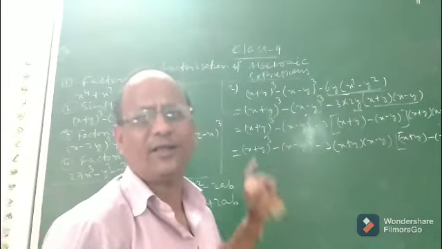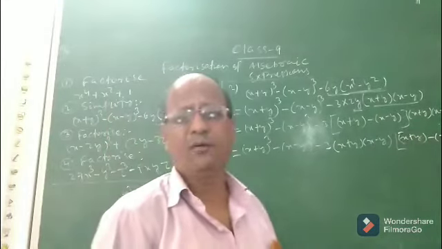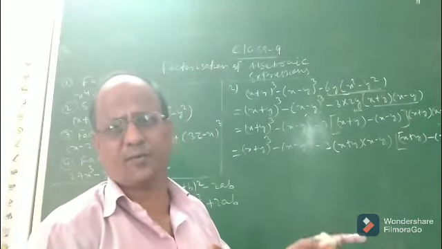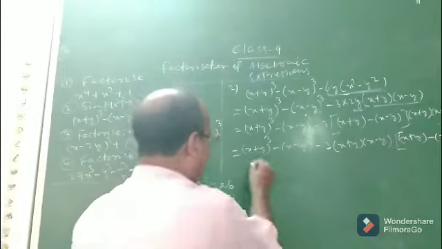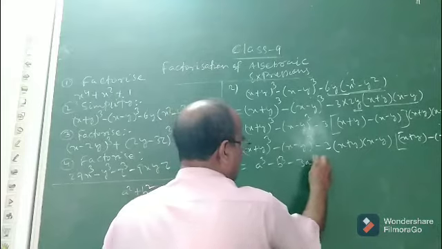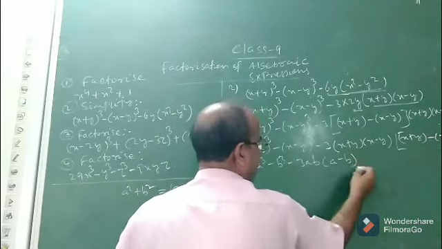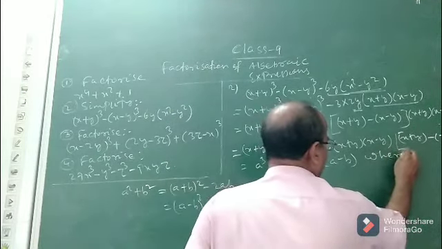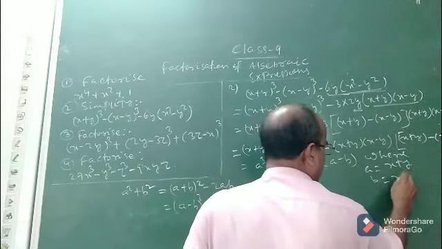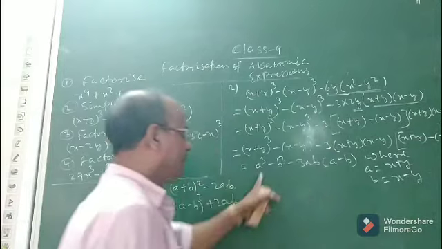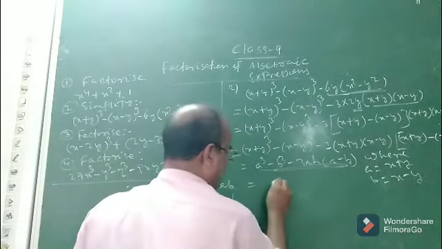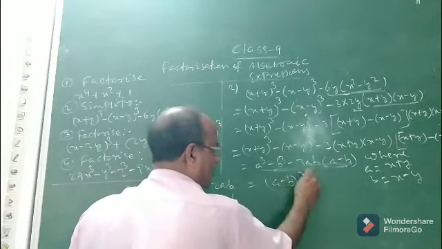Okay. And what is the formula for a cube minus b cube minus 3ab into a minus b? It has come in the form a cube minus b cube minus 3ab into a minus b, where a equal to x plus y and b equal to x minus y. See. Now it has come, and the formula for this identity is a minus b whole cube.